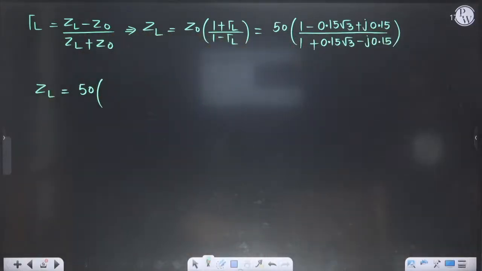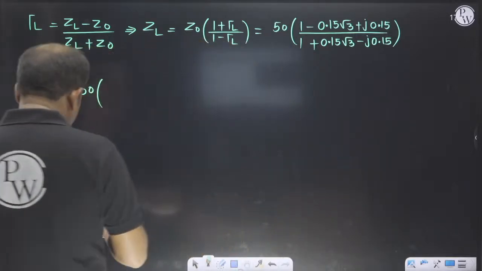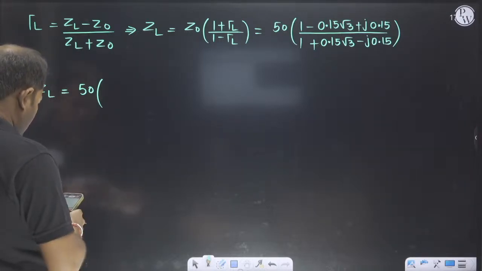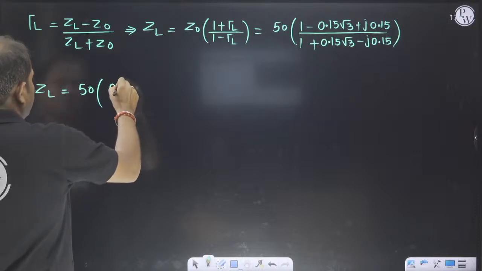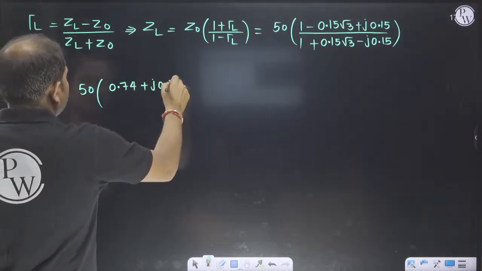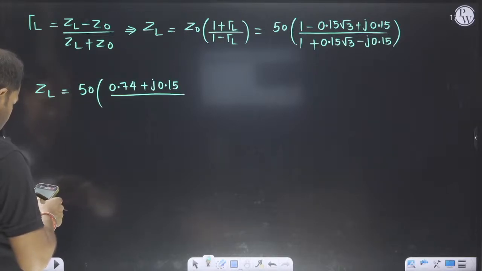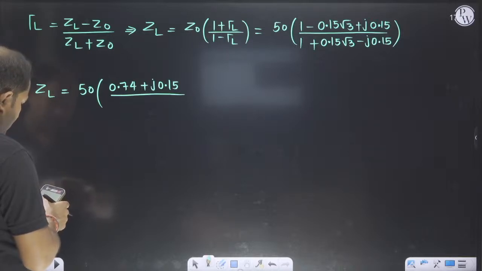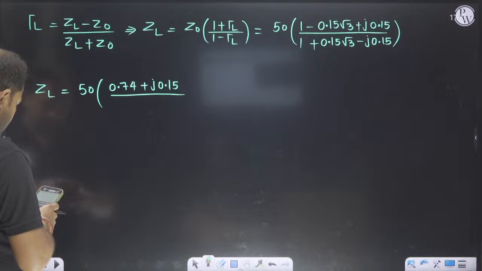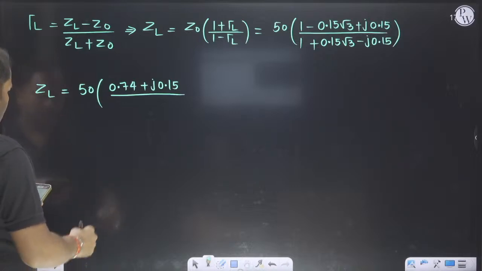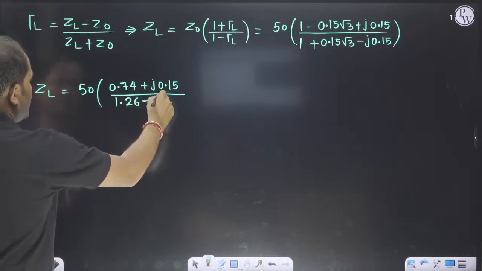So I have to calculate this value. 0.15 root 3, 1 minus that, answer 0.74, plus j 0.15, divided by 1 plus 0.15 root 3, that is 1.26, minus j 0.15.